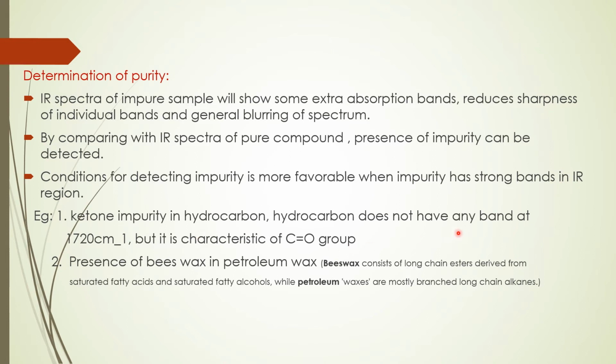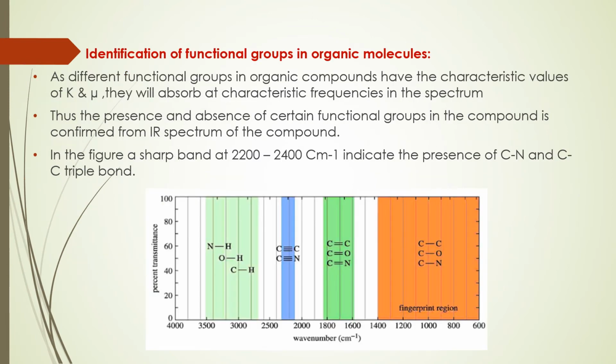Hydrocarbons do not have any band at 1720 per centimeter, but ketone has a characteristic band at 1720 because of the carbonyl group. At the same time, presence of beeswax in petroleum wax. Beeswax consists of long chain esters and they show different peaks because of acids and alcohols, whereas petroleum waxes are mostly branched long chain alkanes. So this is one of the major differences.